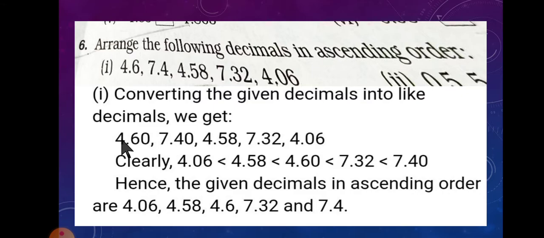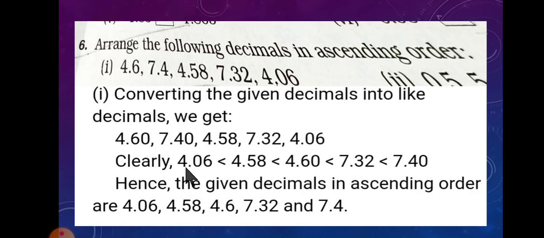These three numbers, first, third and fifth, all have the same whole number, 4. Then we will see the tens place digit after the decimal: in the first number there is 6, then 5, and then 0. Among 6, 5 and 0, 0 is smallest.